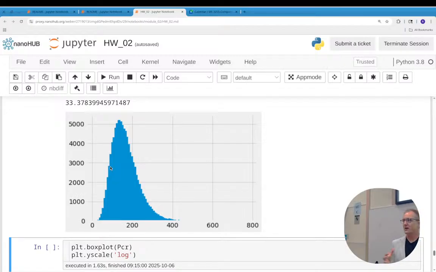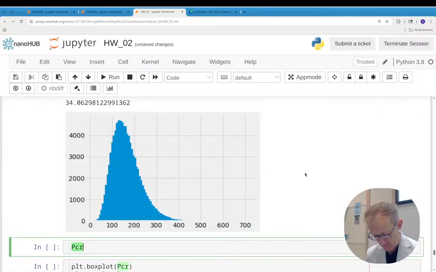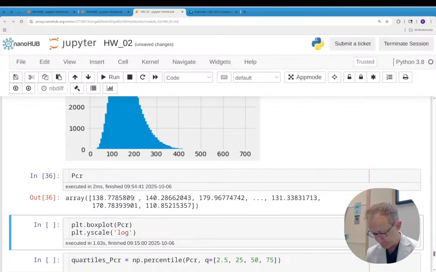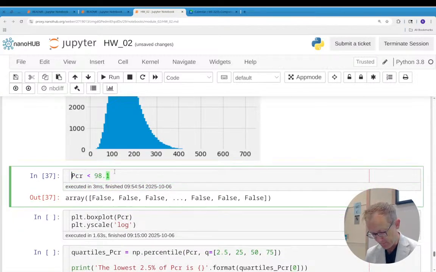And I can figure out how many rods failed because I have this PCR. It's full of different values, like these are actual buckling loads based on the radii. I could say, well, how many are less than 98.1? A whole bunch of falses.